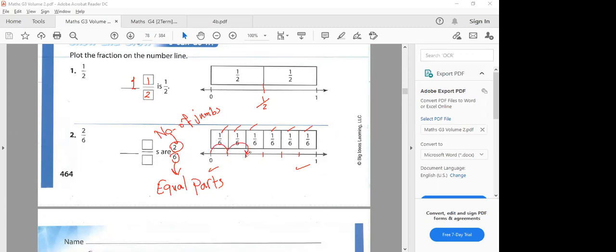So here it will be 2 over 6. You jump the first jump 1 over 6, then 2 over 6. So how many jumps? Each jump of 1 over 6. So 2 jumps of 1 over 6. So 2/6, 2 over 6 like this.